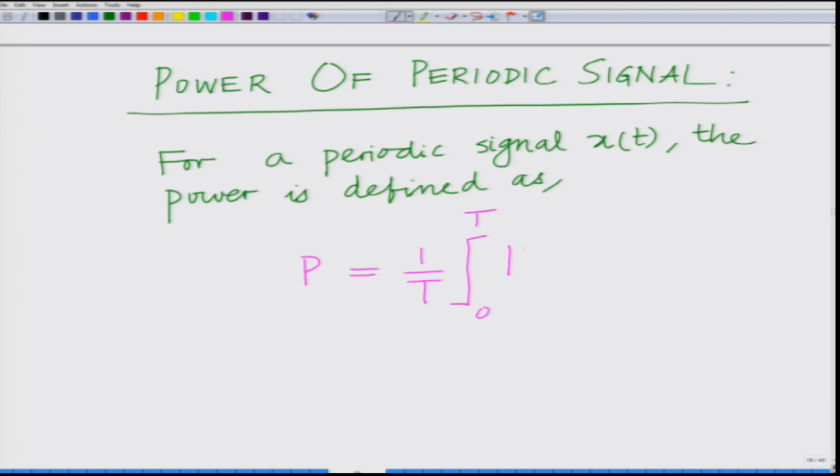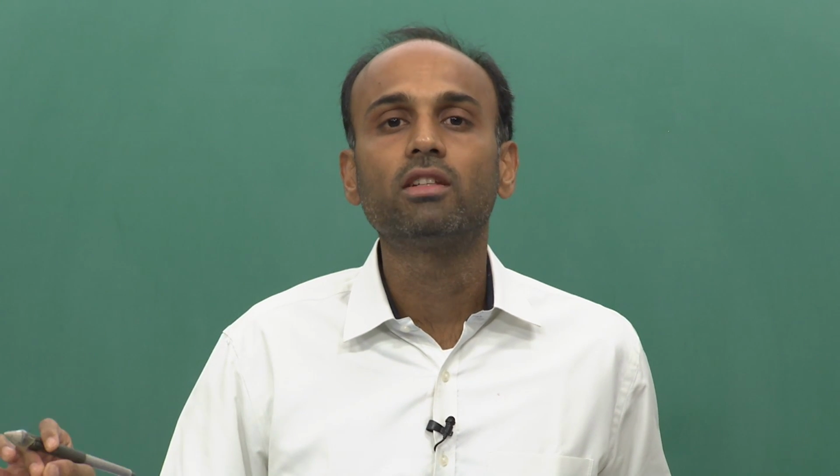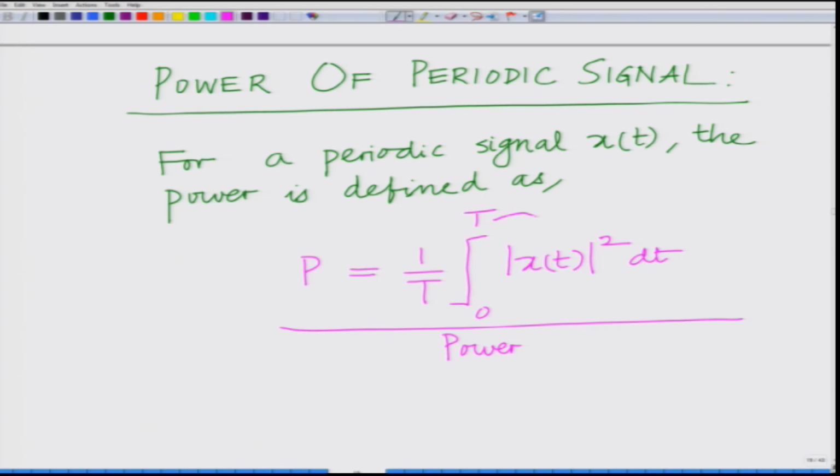So, 1 over T integral 0 to T magnitude x t square dt. This is the expression for the power of the periodic signal x t, where of course it goes without saying capital T is the fundamental period of this periodic signal x t.